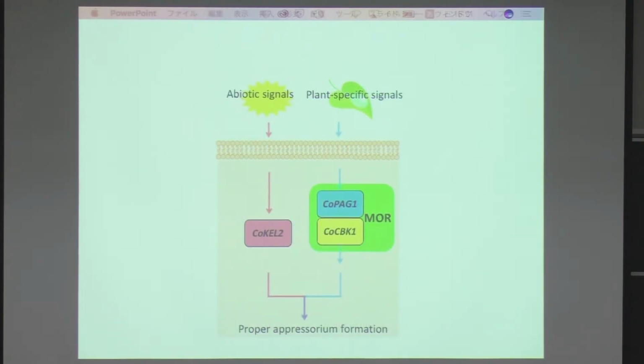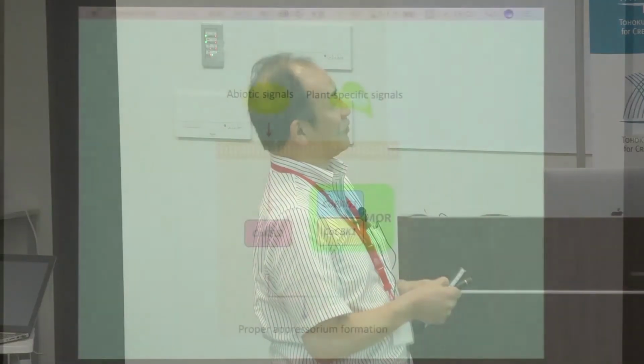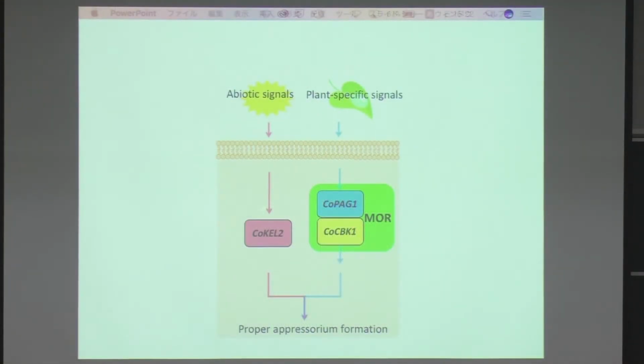So these results indicate that there is actually a redundant pathway. One is the abiotic physical pathway where COK2 is involved. The other is the MOR pathway, where PAG1 activates CBK1, leading to proper appressor formation.